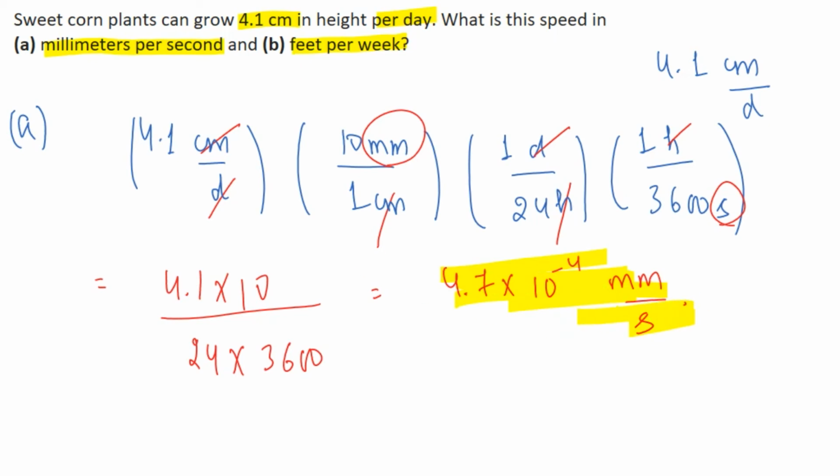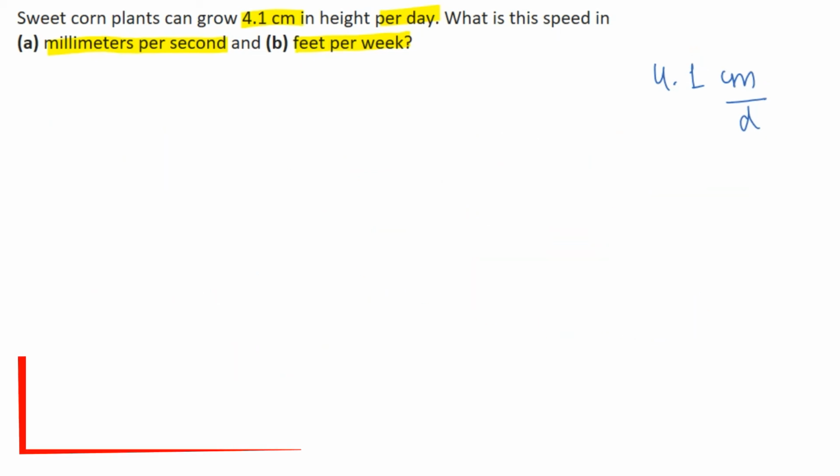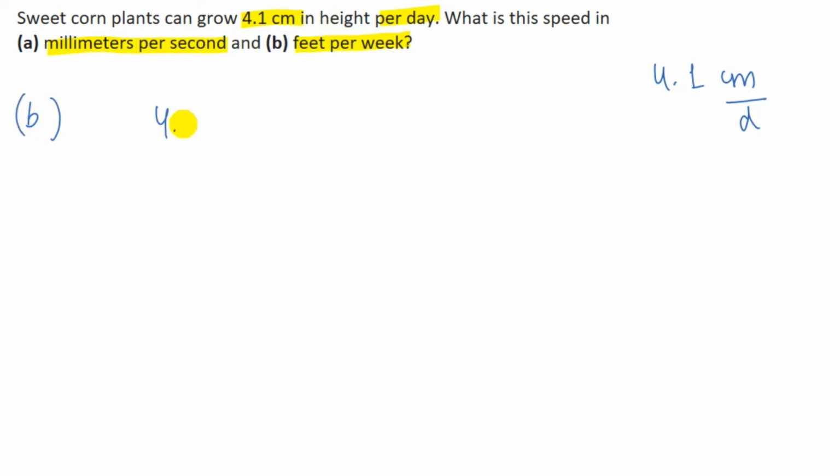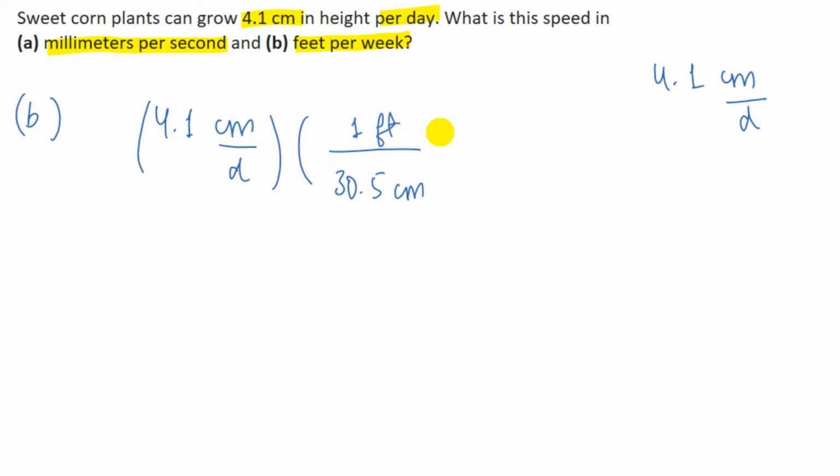Now next we can solve the B part. In the B part we have to convert it into feet per week. So first let me write, this is 4.1 centimeter per day. Now first we can convert this centimeter into feet. As 30.5 centimeter means 1 feet, we can write it this way. Next we can convert day into week. So 7 days means 1 week.